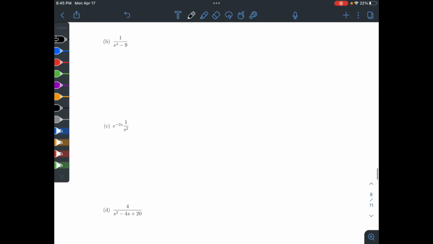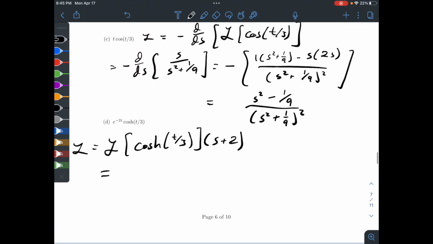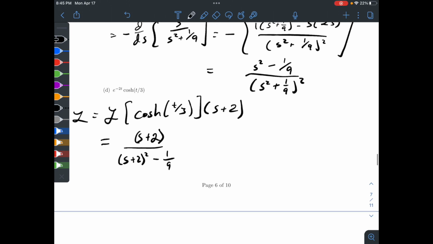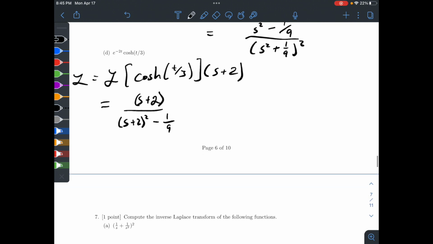So it's like a negative kind of cosine. So we get s over s squared minus k squared. K is again 1/3, so minus 1/9. But then we replace all of our s's with s plus 2's, so this becomes s plus 2 in the top. You don't really need the parentheses, I just put them there to make it more obvious what's going on. And then s plus 2 squared instead of s squared. And that's it.